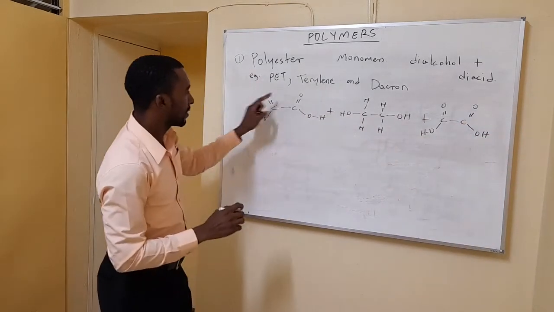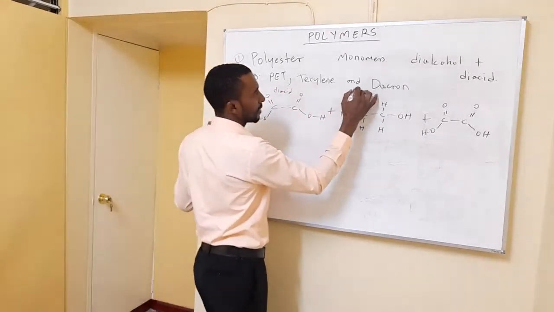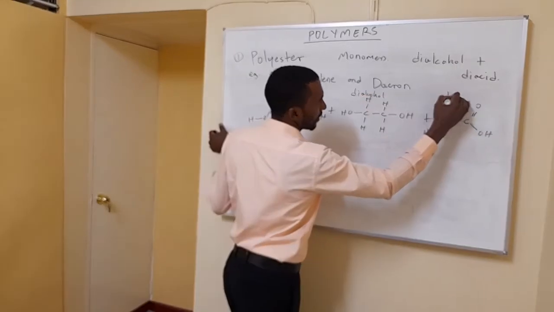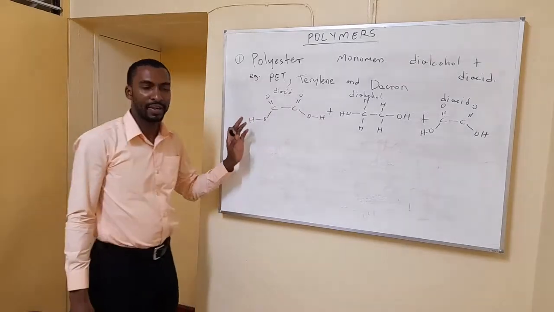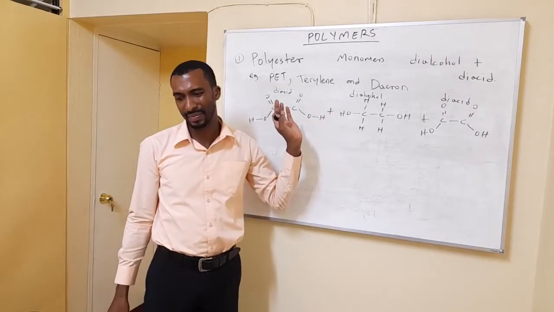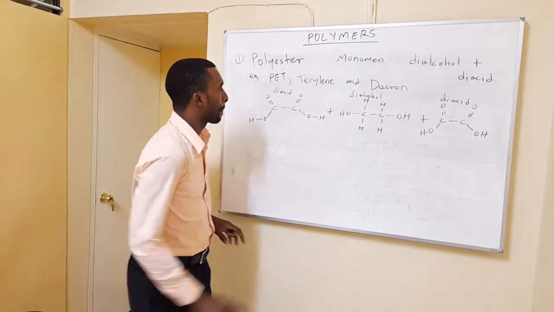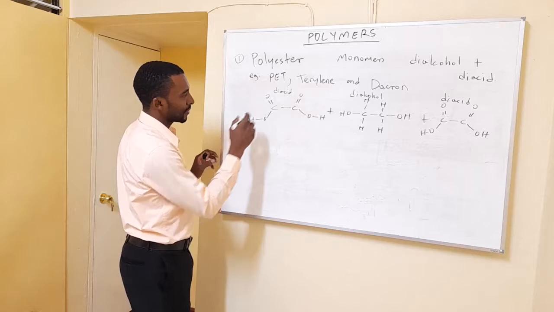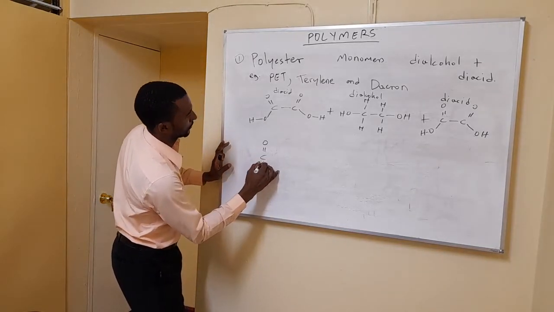So this is a diacid. This is a dialcohol. This is another diacid. Right? In the exam, for the condensation type, they may just ask you to use 2 molecules to show it. Alright? But I'm going to show you 3 of them. Alright? So in this case, O.